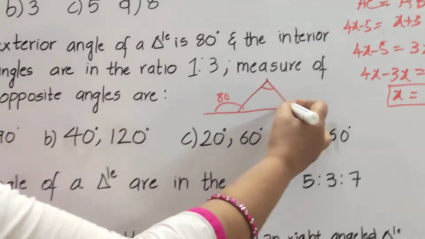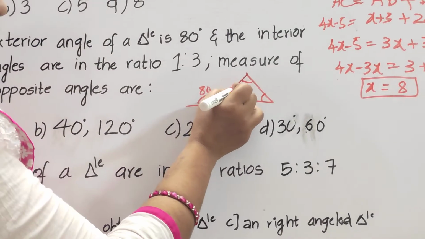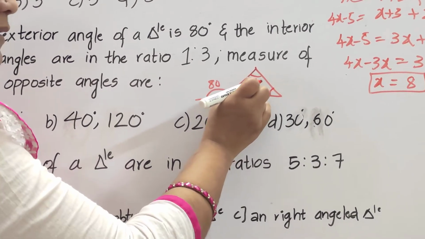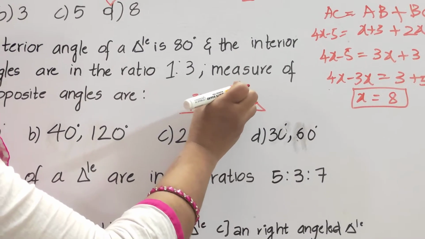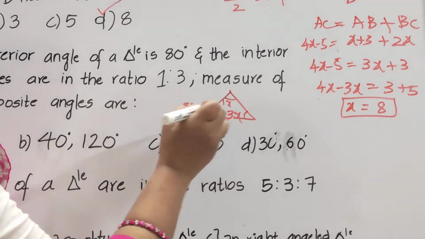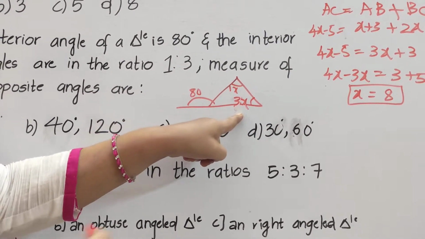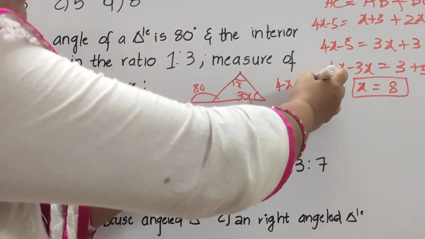And here you have two interior opposite angles. Let us call this 1x and this 3x. Okay, 1x and 3x. So 1x plus 3x is how much? 4x.